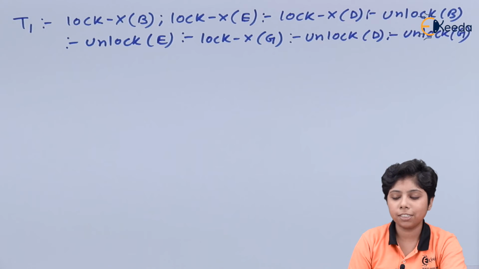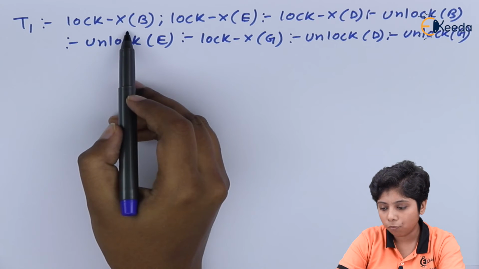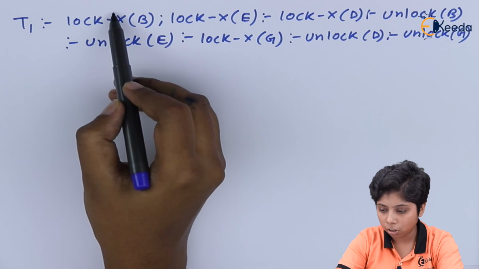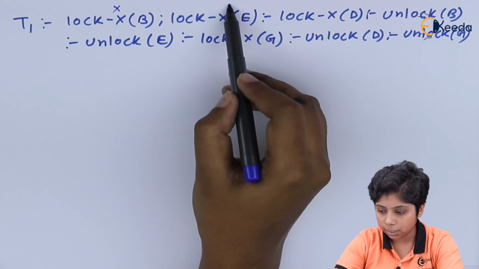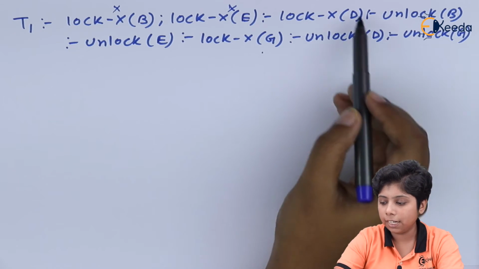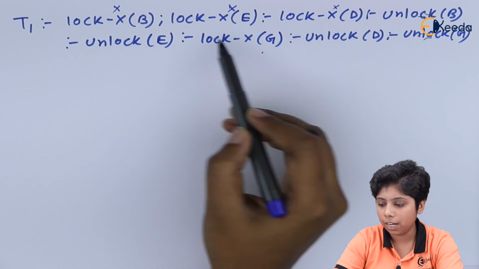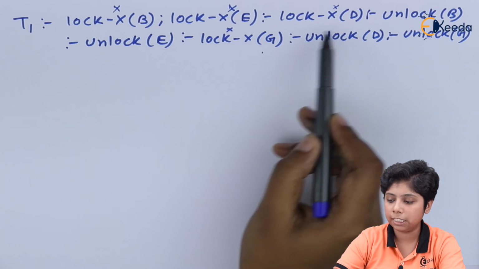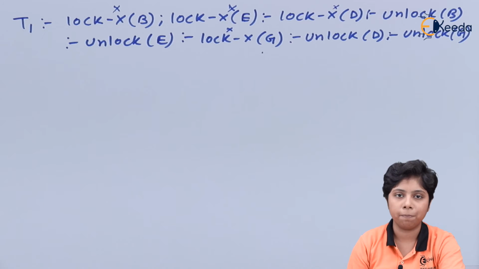So for the first transaction, we can see it has acquired locks for B, E, D, then unlocked B and unlocked E. After that, it has locked G and then unlocked D, and finally unlocked G. So after the transaction T1, all locks will be gathered for B, E, D, G and then unlocked.